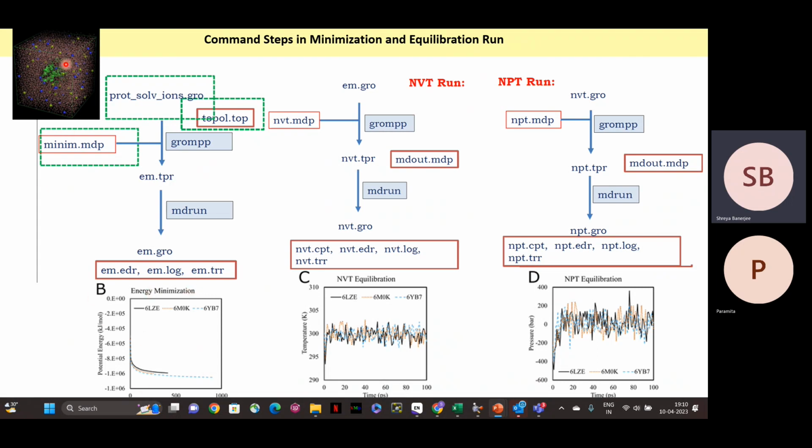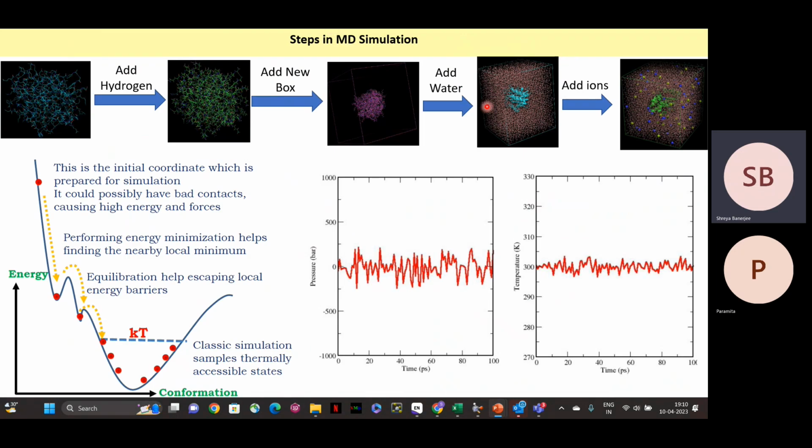Like we had talked about here, the final structure that is ready for energy minimization will have solvent molecules, ions, hydrogens, and a box, which is defining the periodic boundary conditions.